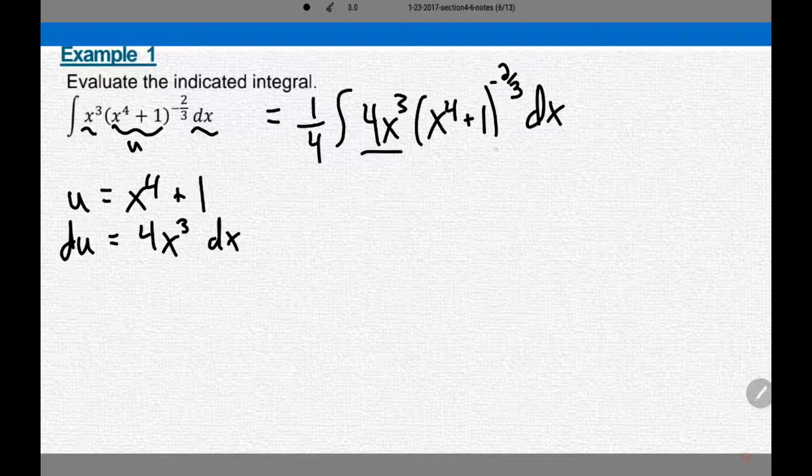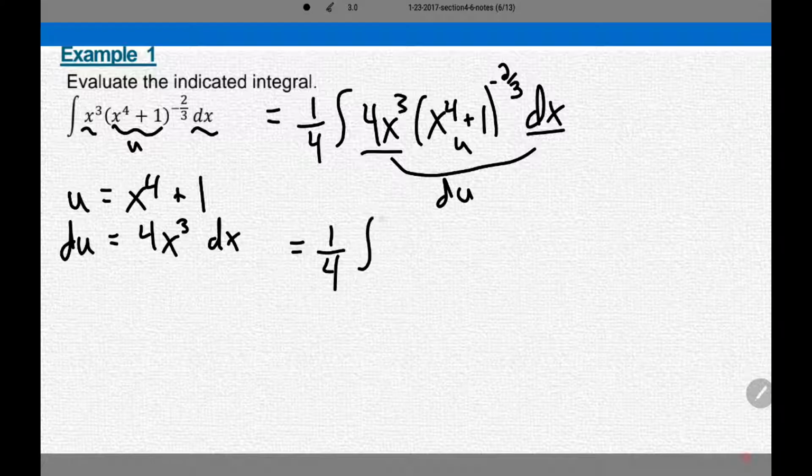Except now I've got this is du, and this is u. So when I do this, I don't want to try to integrate with respect to x anymore. I can change this to an integral of the stuff inside the parentheses, changed to u to the negative 2/3 du. Now I can actually do this using the power rule, whereas before with the other stuff I really couldn't do that.